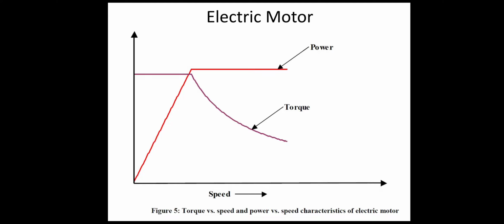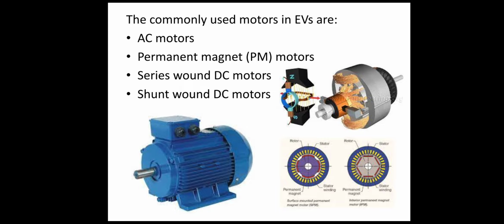The commonly used electric motors for EVs are the AC motor, permanent magnet motors, that is PM motors, series wound DC motor, and shunt wound DC motors.